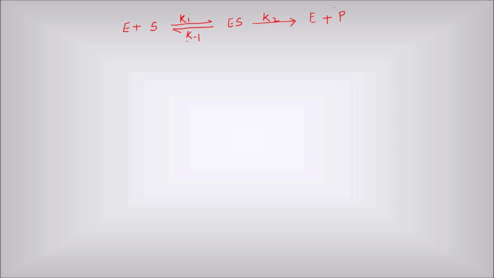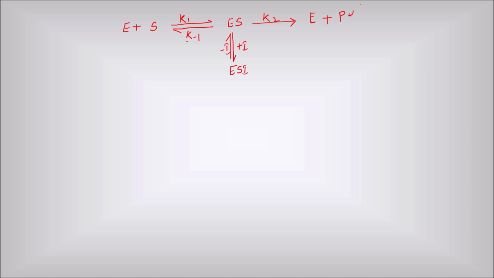Now here I will add one more step: in the presence of the inhibitor, instead of forming the enzyme E plus P, this complex will change into enzyme substrate inhibitor complex. But in the absence of the inhibitor, this enzyme substrate complex will go forward toward the formation of the product.